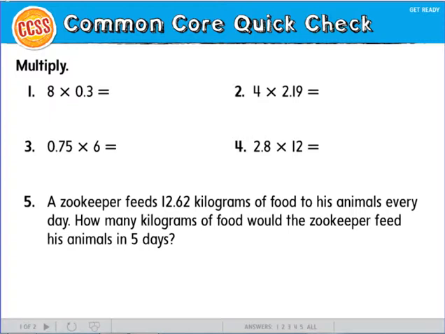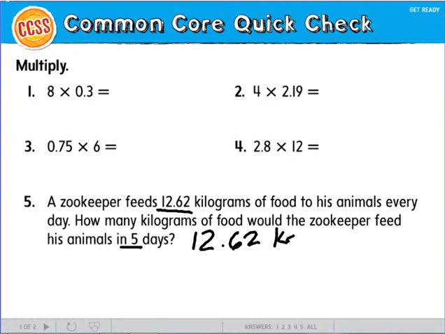So, this is how much he feeds per day. This is how many days they want to know. What's our problem going to look like? Let's set up the problem for number 5. What's it going to look like? Jeremiah. 62 times 5. 12 and 62 hundredths of a what?